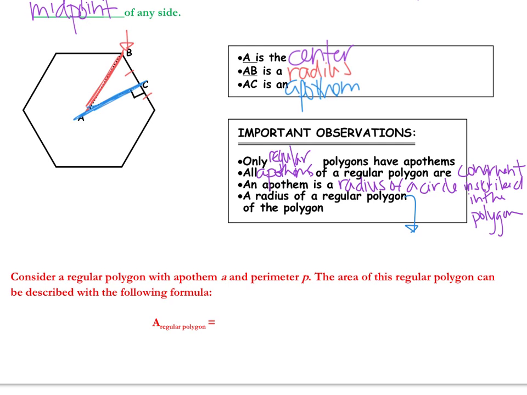And then a radius of a regular polygon is a radius of a circle circumscribed about the polygon.